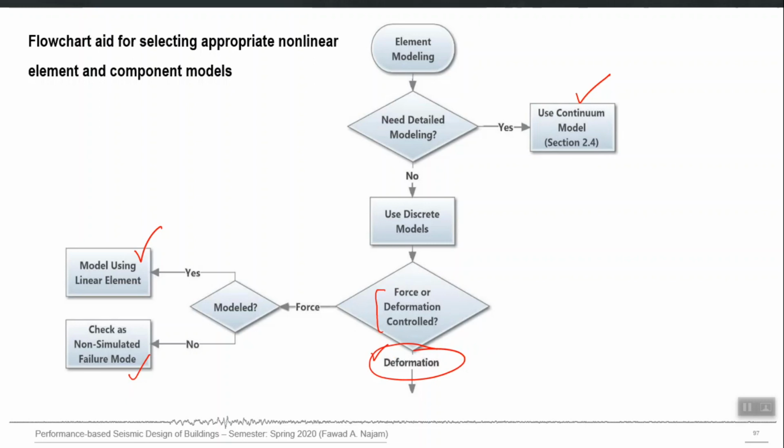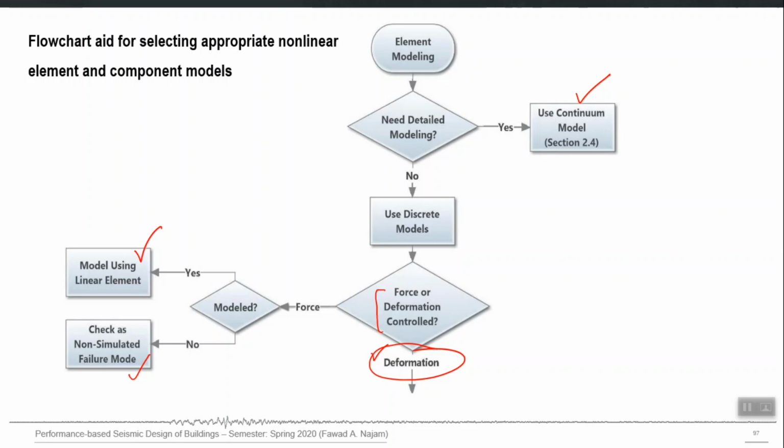Let's assume that I want to make my model simple and I assume it to be a force controlled action. In that case, I will still include a hinge, but that hinge will simply contain the shear capacity in the form of shear force capacity. The program in that case will simply be able to tell me whether the shear failure has occurred or not.